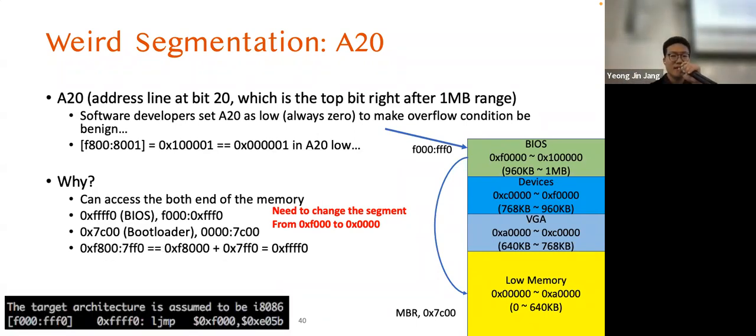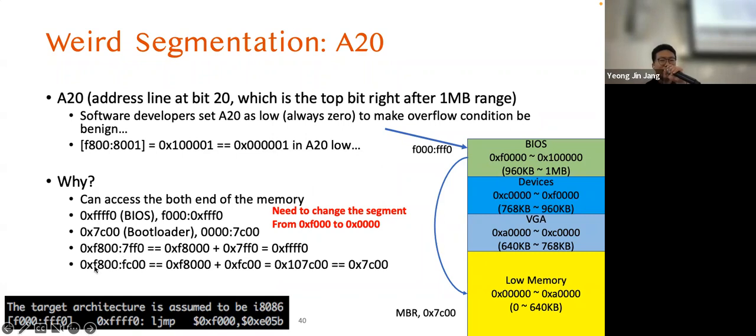But what we can do is set the segment address as F800, and then the offset 7FF0 will be translated into FFFF0, the top address. If we put the same segment address with the offset FC00, it will result in 7C00, so we can point to 7C00.